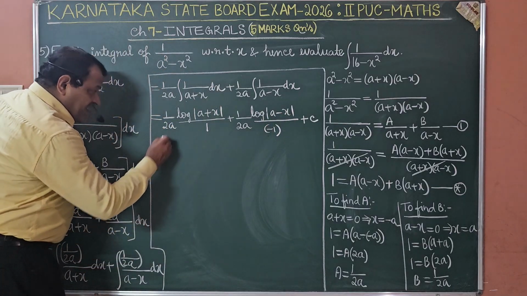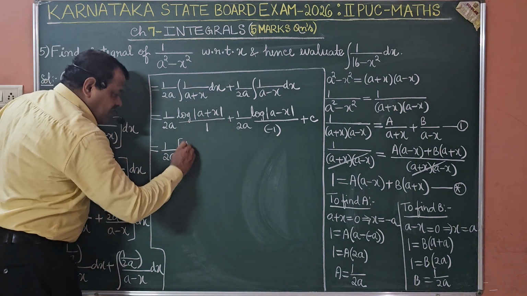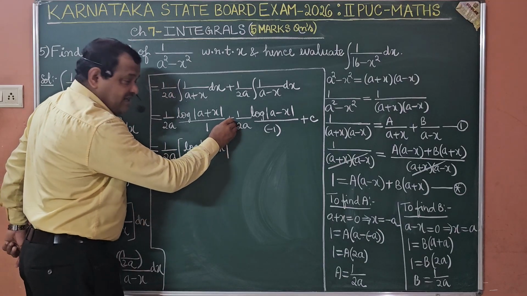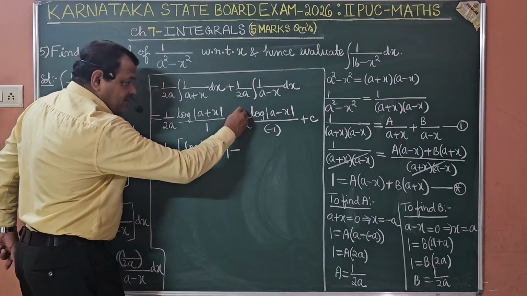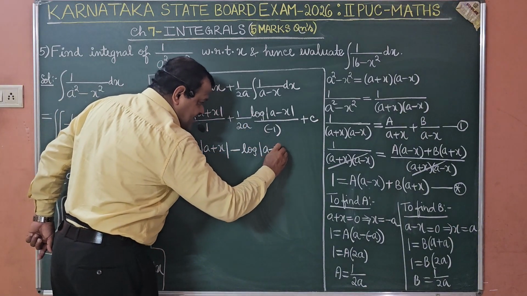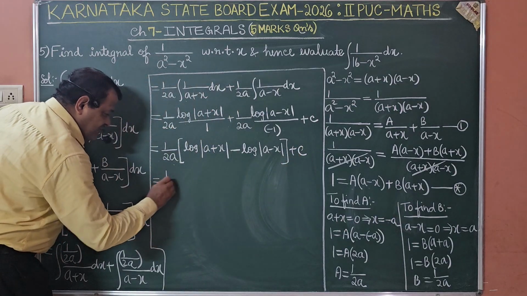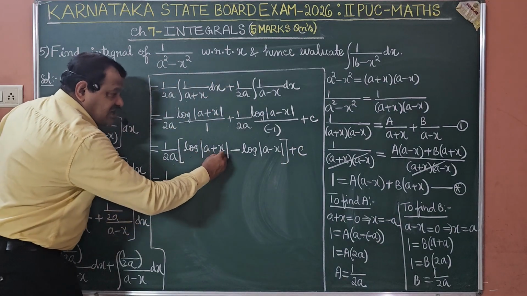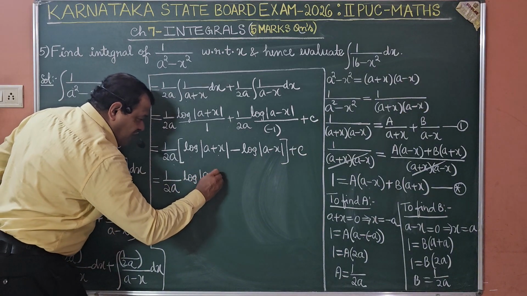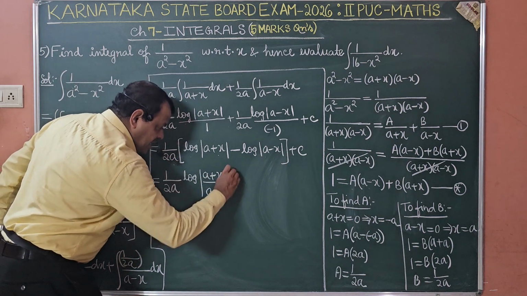Now, do you agree? 1 by 2a is common in both the terms. What is remaining here? Log of mod of a plus x, and the middle sign becomes minus, since plus by minus is minus, 1 by 2a taken out, log of mod of a minus x base e plus c. Applying the second law of logarithms, log m minus log n, we get 1 by 2a log of mod of a plus x divided by a minus x base e plus c.